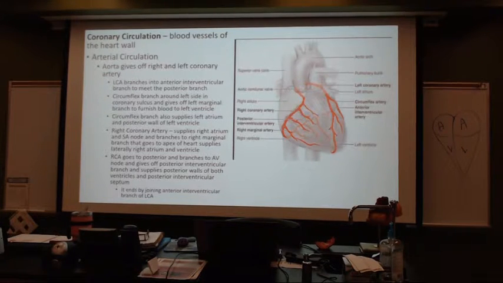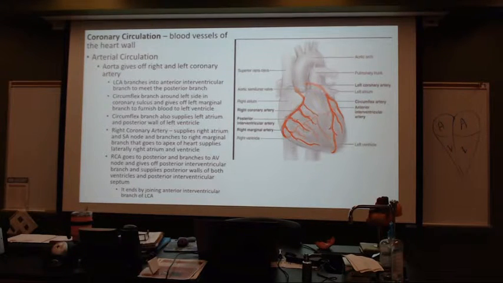So this blood flow that we're going to find takes place, it is going to be moving based upon the contraction of the heart. So when the heart beats, we'll get blood flow to the heart itself, and then we'll get return, just like we're seeing in other parts of the body.